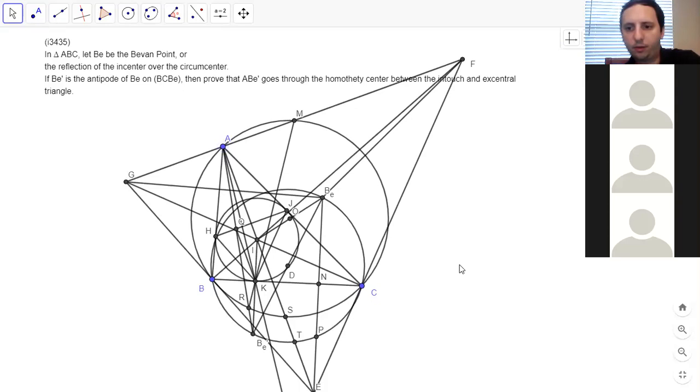Okay, so Hakon is saying maybe we can show KBE prime over IBE prime is equal to KQ over AI. That's not a bad idea. And then that would show that A, Q, and BE prime are collinear, which is what we want.